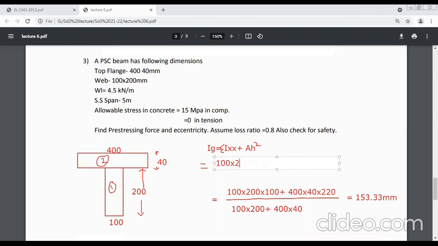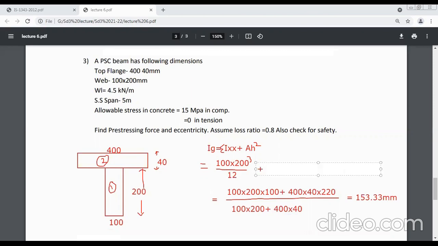100 into 200 cube divided by 12, then plus AH square.